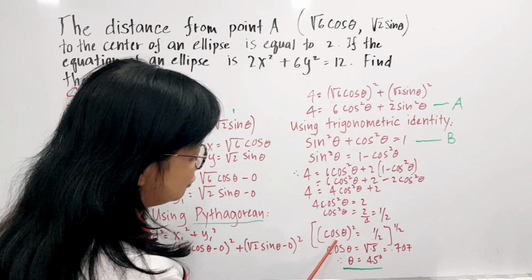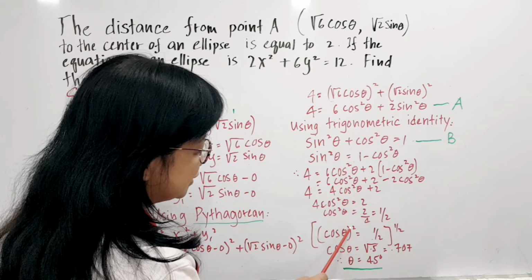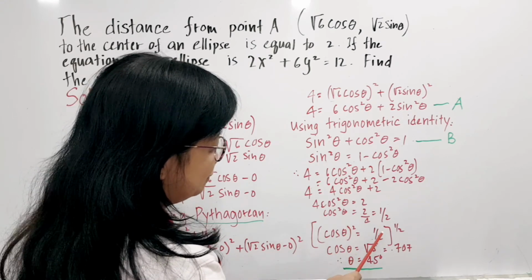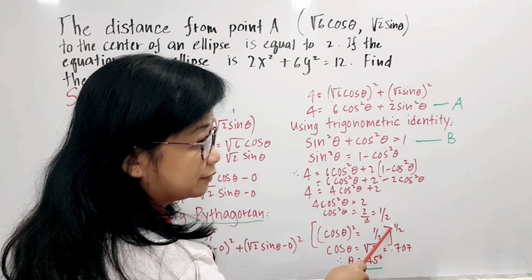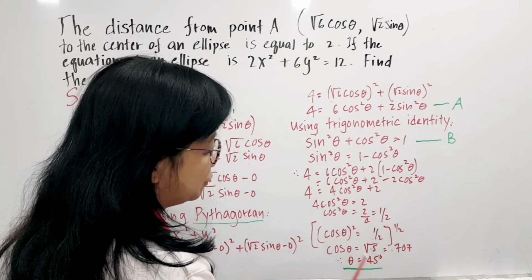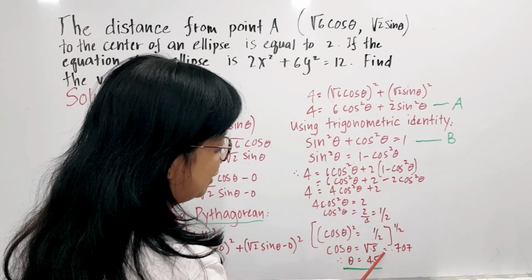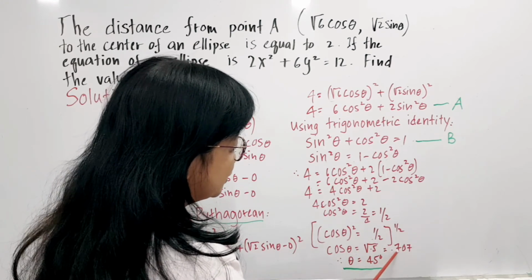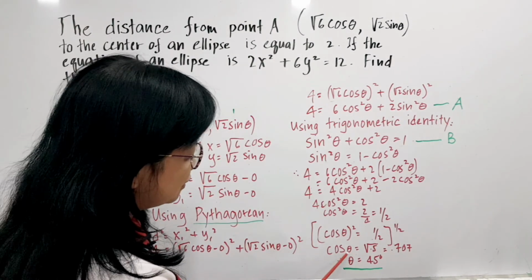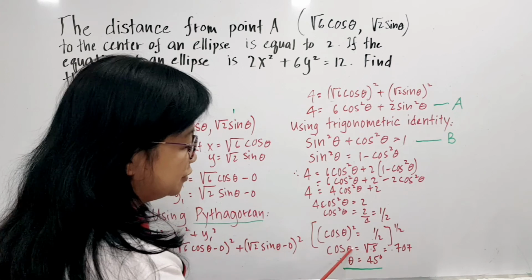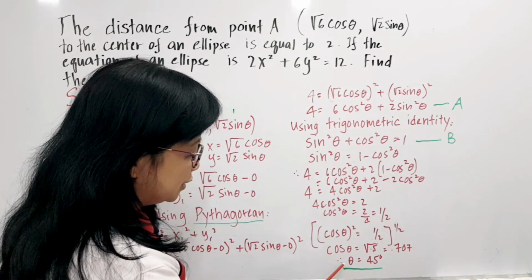So, this cosine theta will become cosine theta alone, not squared, equal to the square root of 1 half, because the power of 1 half is represented by the square root. So, square root of 1 half, which is 0.5, is equal to 0.707.